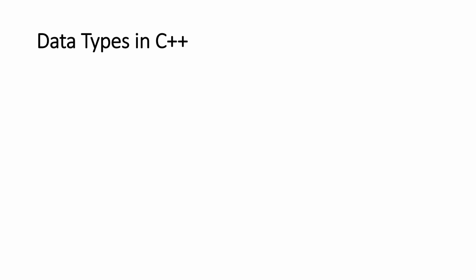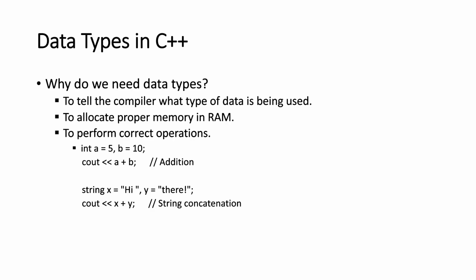Data types in C++. What are data types and why do we need them? The first reason is to tell the compiler what type of data is being used. Whenever you declare any identifier, you need to tell the compiler the type of that identifier, and to do that we use the data type.